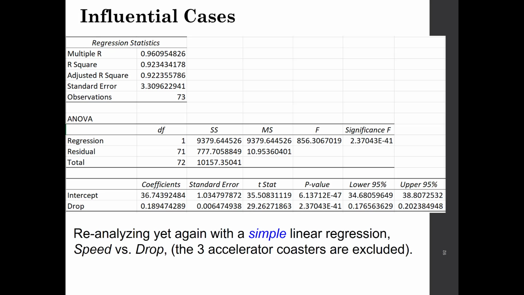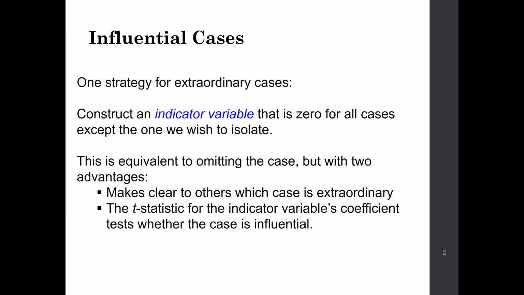So we just have drop predicting speed. And we see now that we still have a very high R squared, 92%, and things are looking good. So that data set has simplified a whole bunch since we took out the 3 mechanically accelerated roller coasters.